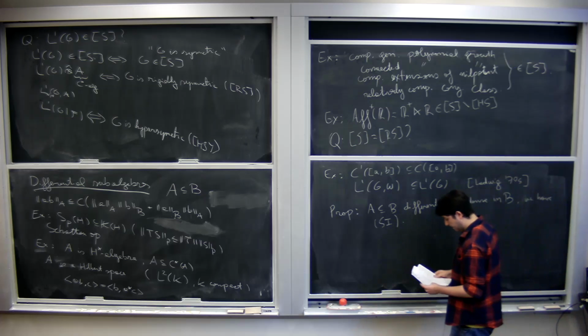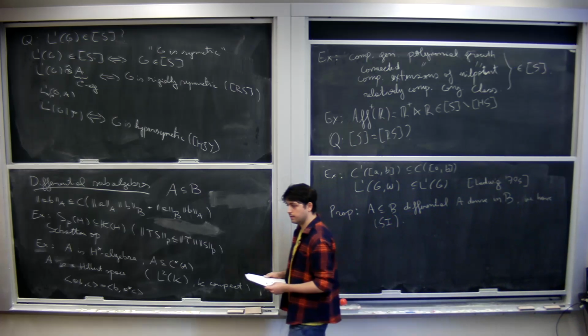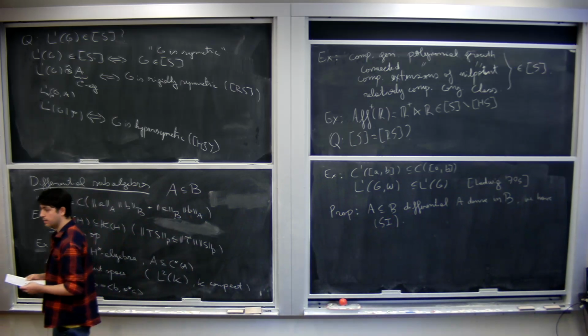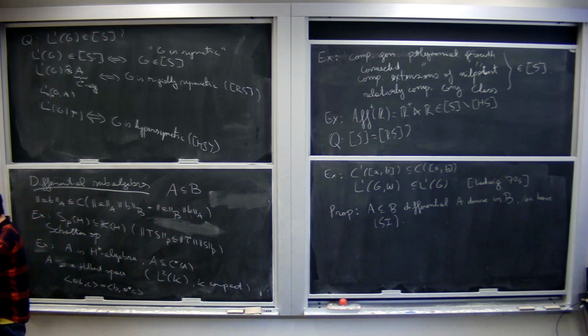I mean, holomorphic functional calculus. Because, I mean, this condition, suppose that your algebras are unital, this condition translates to the inverses are the same. So not having this means that you can possibly have an inverse in one algebra, but not in the other one.